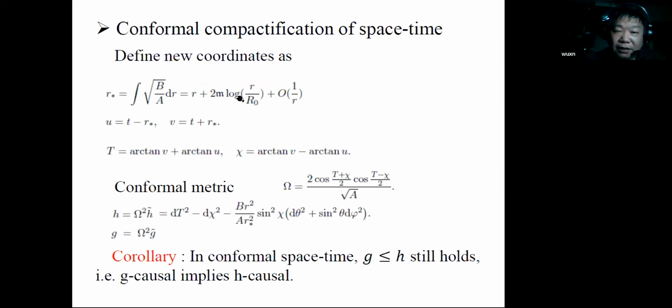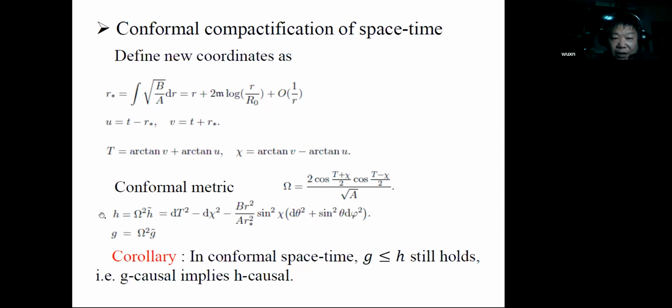Just like what we have done for the Schwarzschild spacetimes, we can introduce some tortoise coordinate r star in this way, and you can express it in a power expansion. Then introduce something like the Eddington coordinates u and v, and similarly introduce some coordinates capital T and chi.